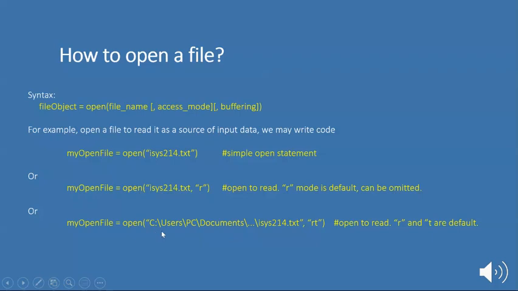But if the file is stored in the same folder as the program, we don't need the path. And R and T are default, so they can be omitted. So that means all three examples are essentially the same.